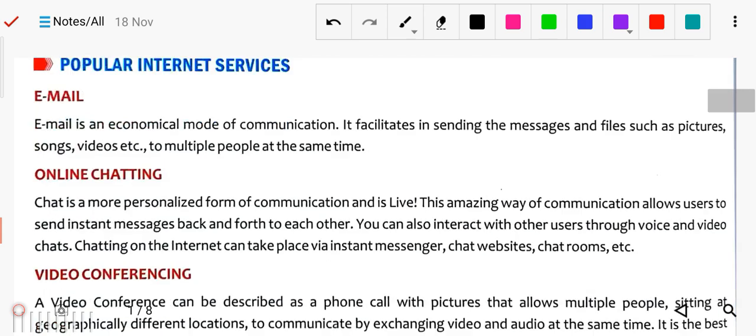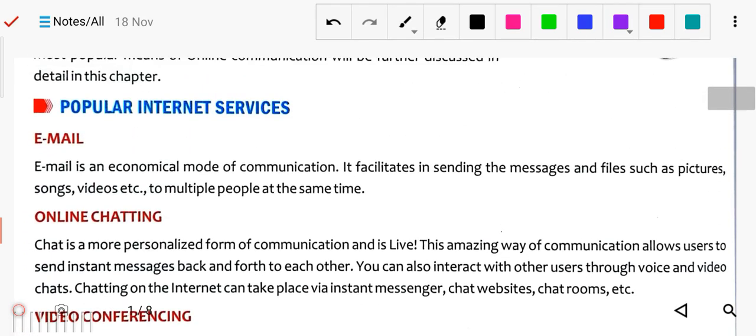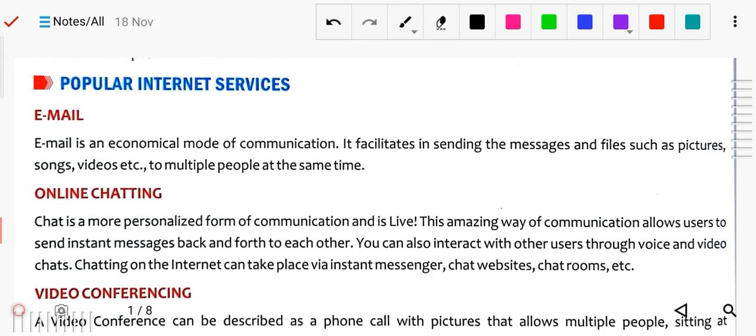First of all we have popular internet services. The first service we have is email. What is email? Email stands for electronic mail. It is just like a letter. In earlier times we sent letters through the post office: we wrote on paper, put it in an envelope, wrote the address and dropped it at the post office, and then it was sent to the respective address.